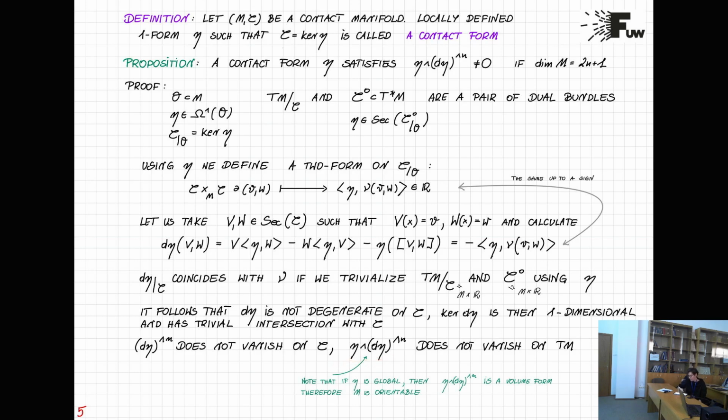I get something that does not vanish on the whole tangent bundle. So we can see why this is the criterion for checking whether a given form is a contact form, so whether its kernel is a Cartan distribution.